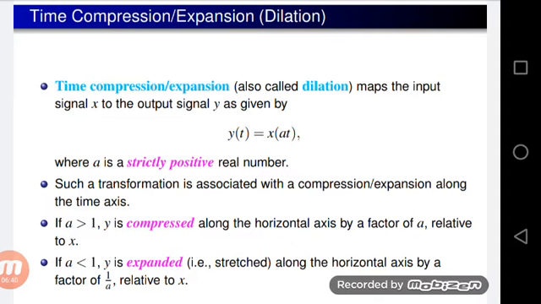If a is less than 1, the function y is expanded, along the horizontal axis by a factor of 1 by a relative to x.